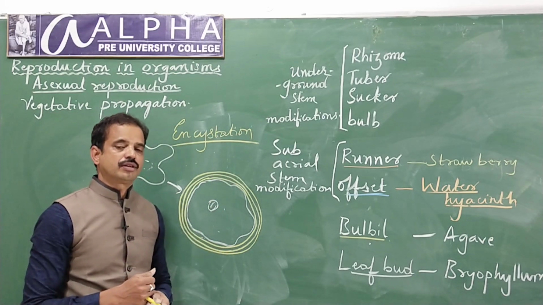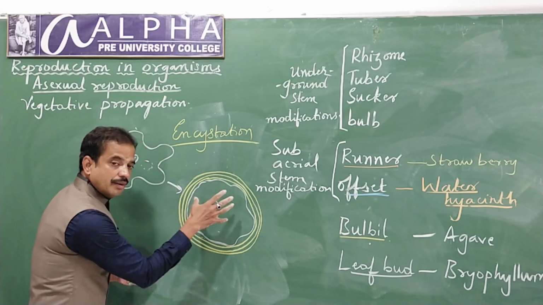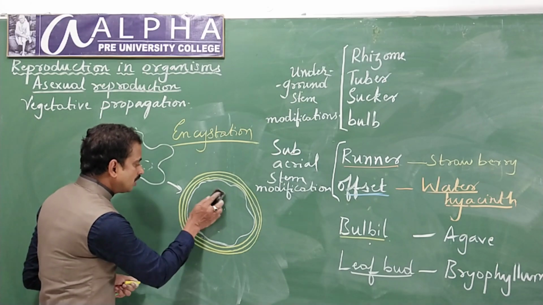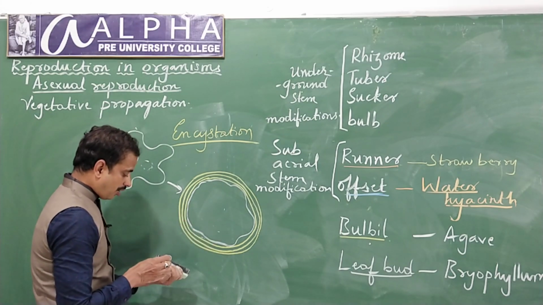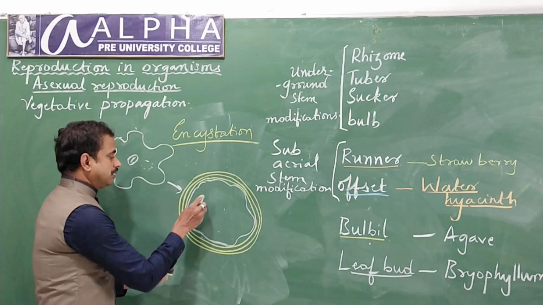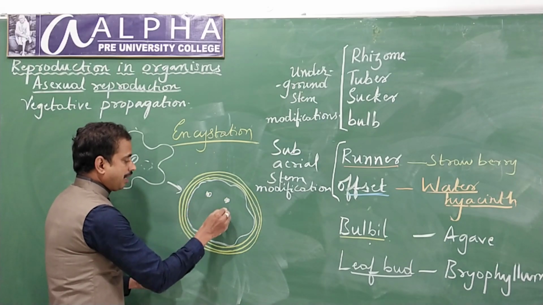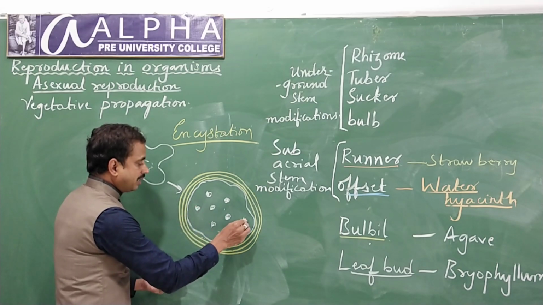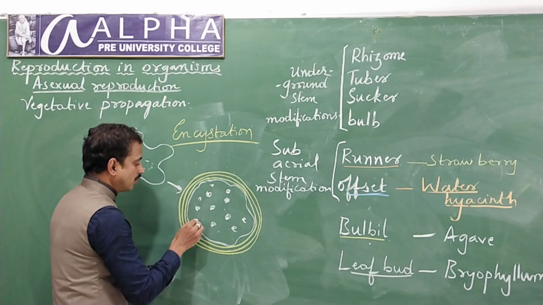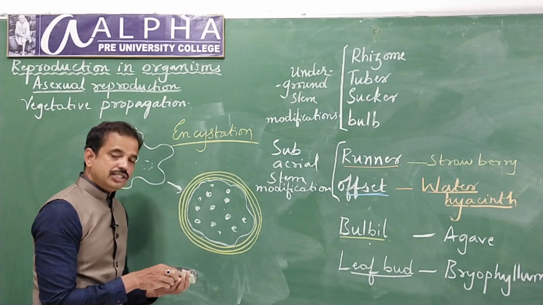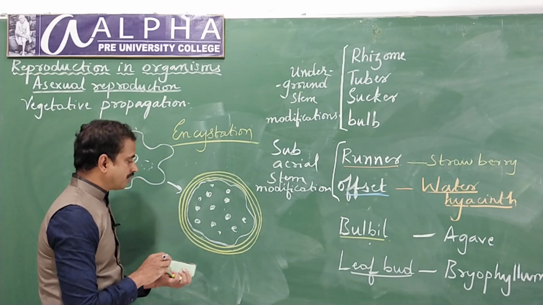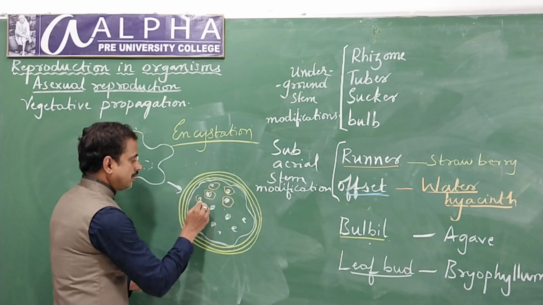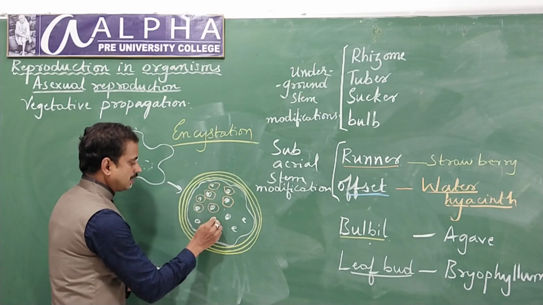With the return of the favorable condition, the amoeba which is present inside the cyst will rapidly undergo division. In the sense, first there occurs nuclear division. By rapid nuclear division, many nuclei are formed like this, and each nucleus will receive a bit of cytoplasm.